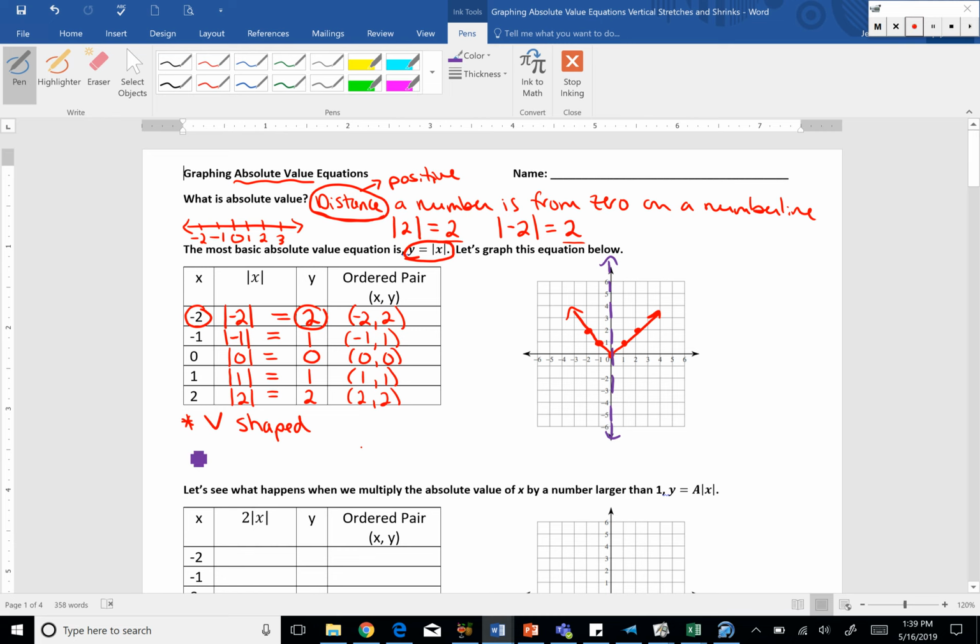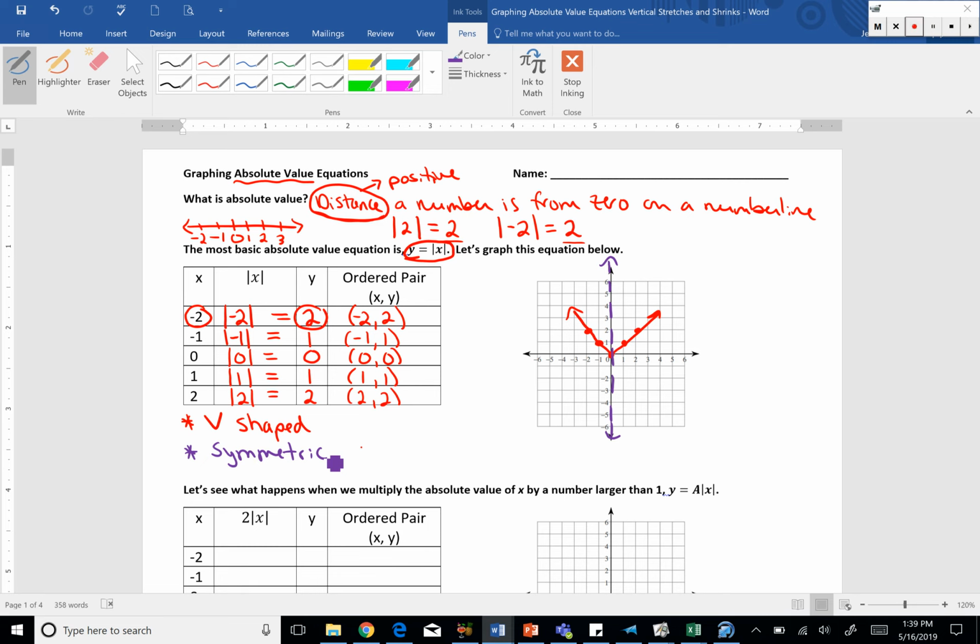So this graph, besides being V-shaped, also has the property of symmetry. It's symmetric. If you've never heard of that word before, that's okay. It simply means if I fold this graph in half, the two sides match up perfect.